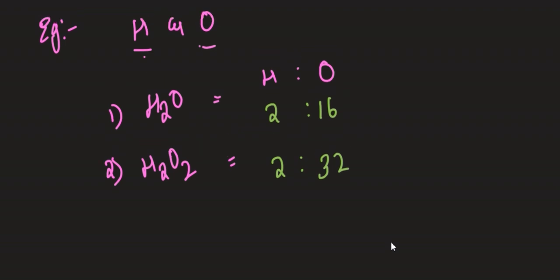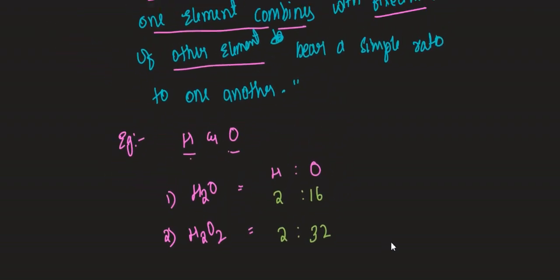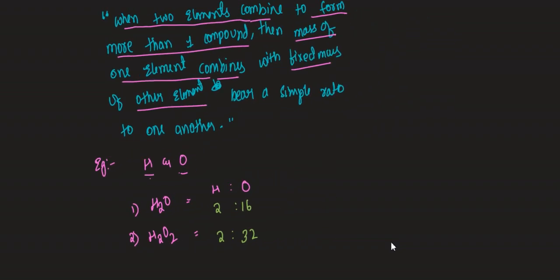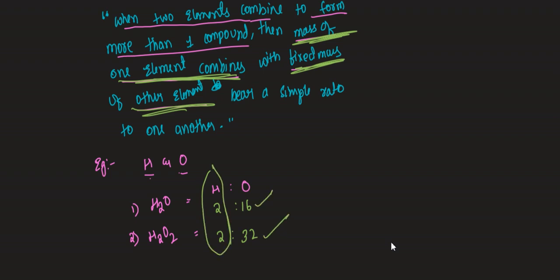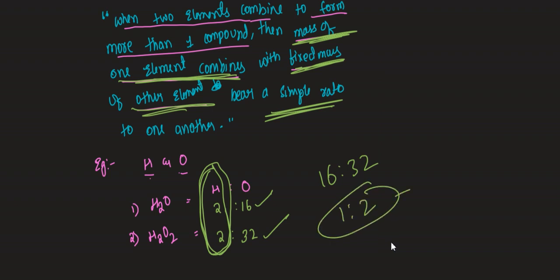So the mass of one element combines with the fixed mass of the other element, bearing a simple ratio. Now the ratio of 16 to 32 is nothing but 1:2. We can say this is our simple ratio.